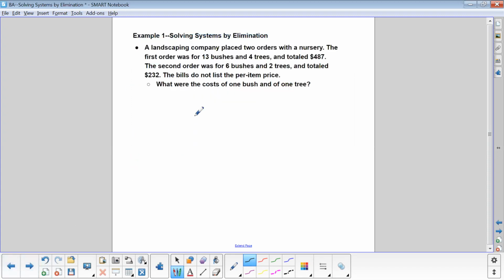So let's look at our first context problem. A landscape company placed 2 orders with a nursery. The first order is with bushes and trees. So we're going to say x is bushes and y would be trees. So our first equation will be 13x plus 4y is equal to 487.